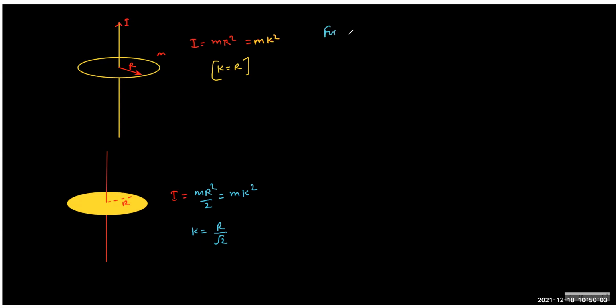Again, let me just write it for the hollow sphere, the standard one, the hollow sphere about this axis. If it is a hollow sphere, then I is 2 by 3 MR square, and this one we must equate with mk square.